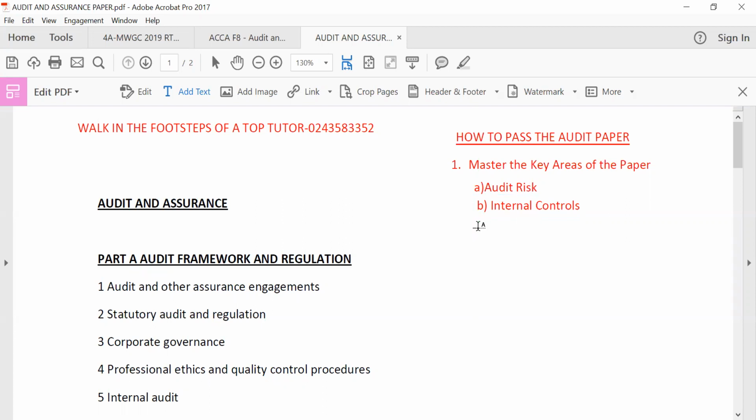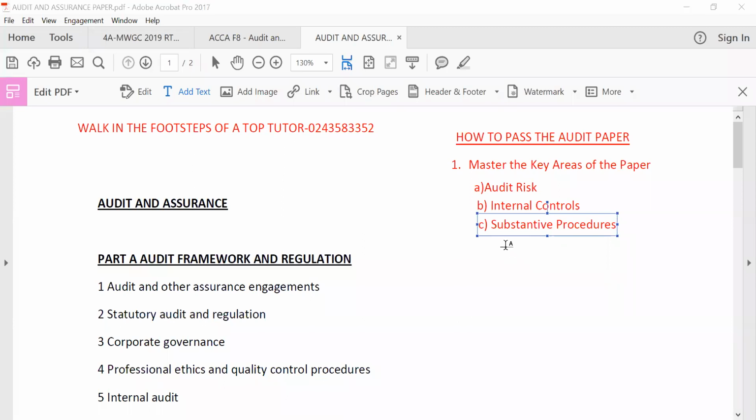Then we come to the C aspects, substantive procedures.